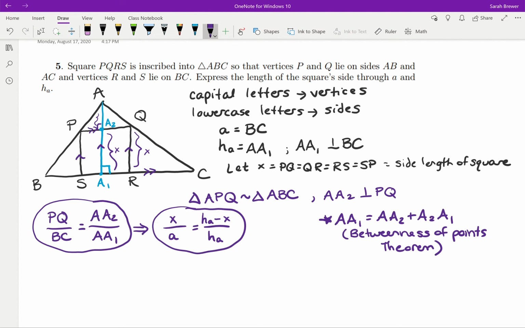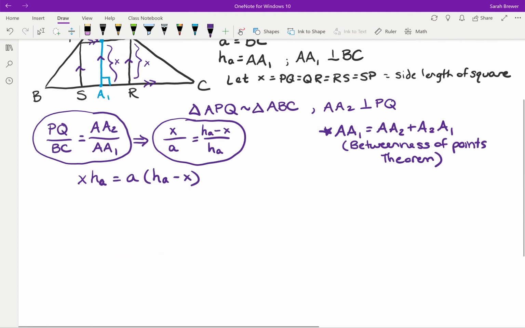All right, so I'm going to take this last proportion that we wrote, and I'm going to cross multiply. So I have x times HA equals a times HA minus x. I'm going to distribute my a. I guess I can call it ax, whatever, it doesn't matter. Oops, not a sub x, a times x.